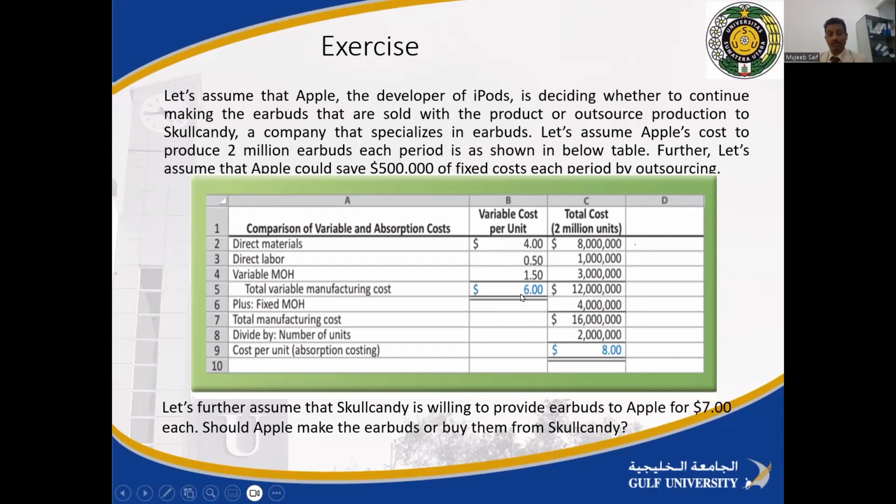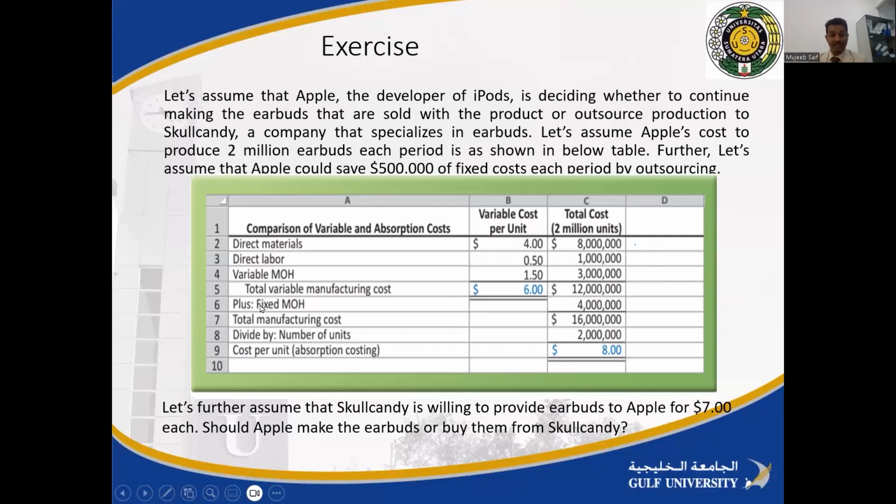So $6 for each AirBuds multiplied by 2 million AirBuds gives the total variable cost, and there is another fixed cost.